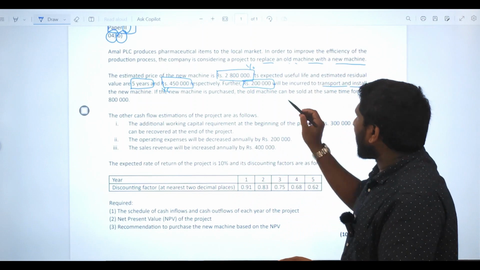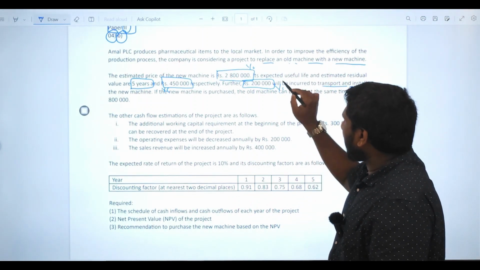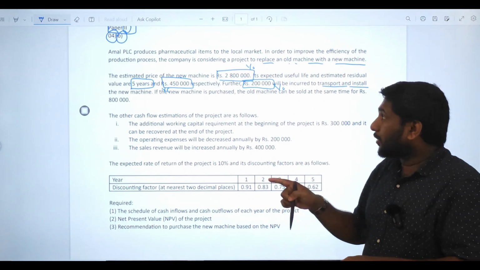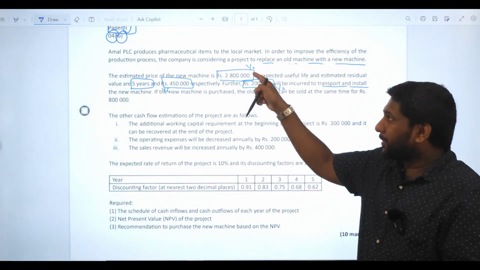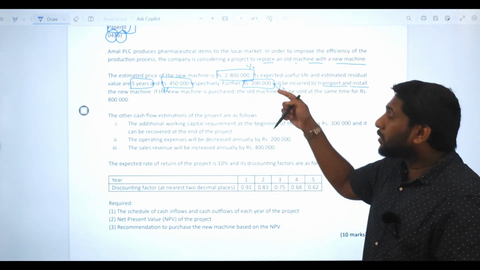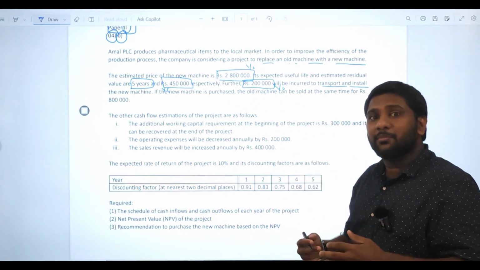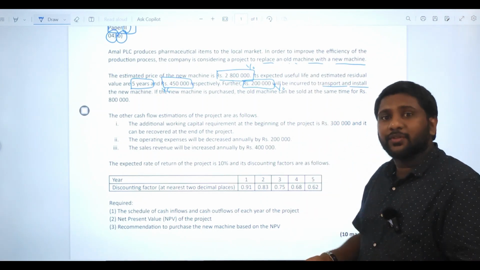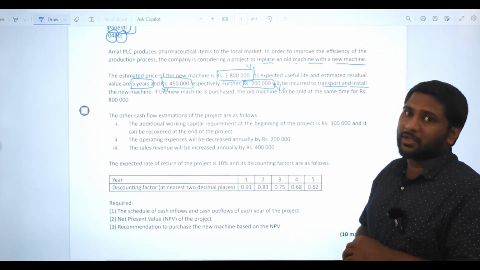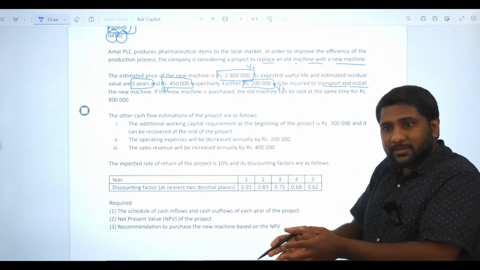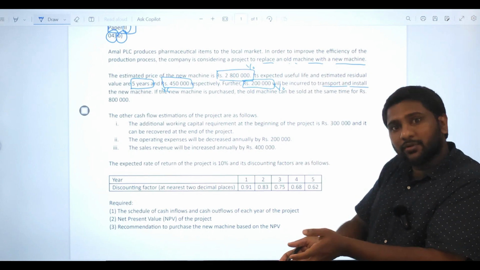So this particular cash outflow is going to happen when? Today. So not only the purchase cost; there is an additional cost you have to consider. This 200,000 cost you will incur because of the project, right? You have to transport it because of the project. So you have to consider that 200,000 as well, because this is a cash flow which will arise because of the project. You have to consider it.